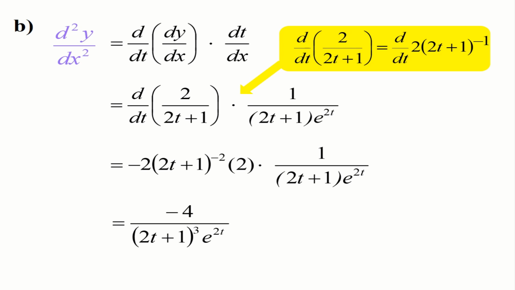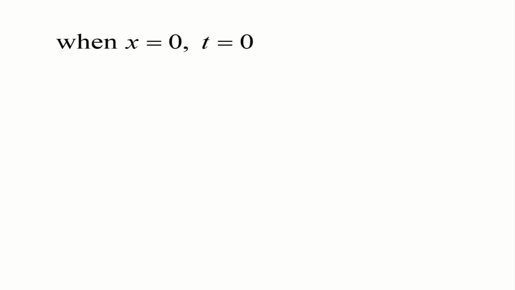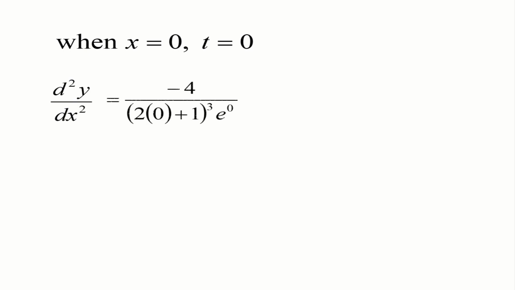This is the second derivative of y with respect to x. Now we substitute t equals 0 into negative 4 over (2t plus 1) cubed multiplied by e power 2t. So negative 4 over (2 multiplied by 0 plus 1) cubed, times e power 0. Finally we calculate and we get negative 4.